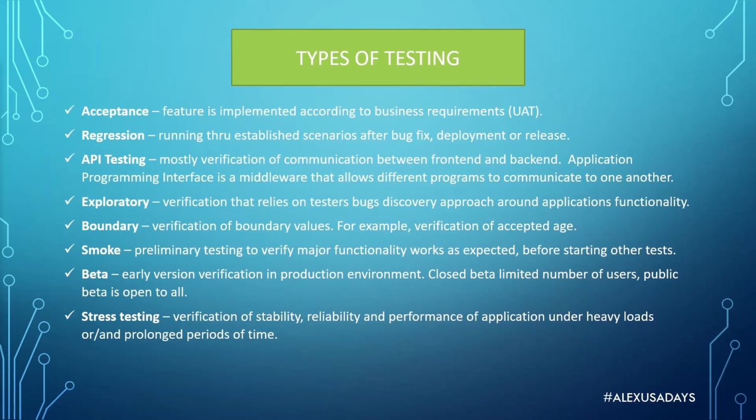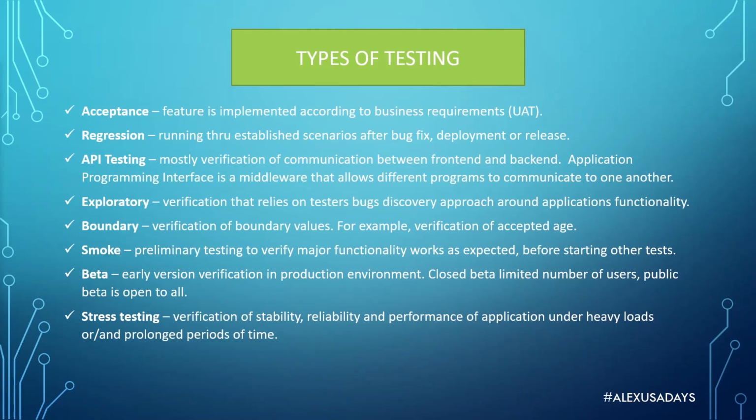Then there's boundary testing. Boundary testing is also quite common, and this is verification of boundary values. For example, verification of accepted age. A good example would be that you can use some piece of machinery or some application only when you reach 21, but you cannot use it if you're older than 100 years old, right?